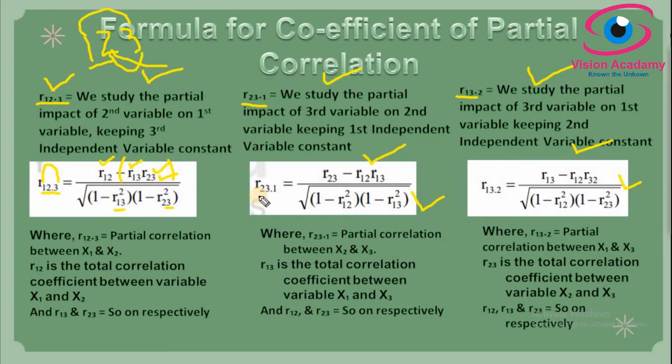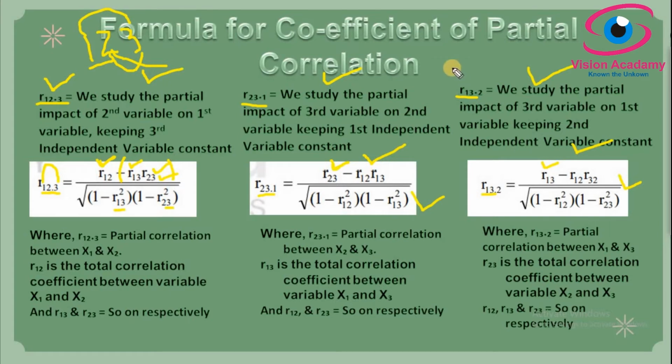For example, in the second option, we have considered the first 2 elements as we considered here. So here the first option is 1, 2, and here 2, 3. Here the first one is 2, 3 only, and here 1, 3. Here the first option is 1, 3. Why I am explaining this is that you may be unable to understand the formula.